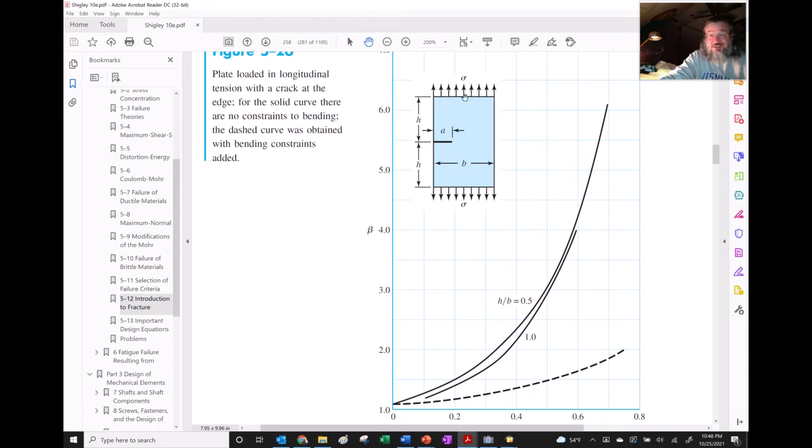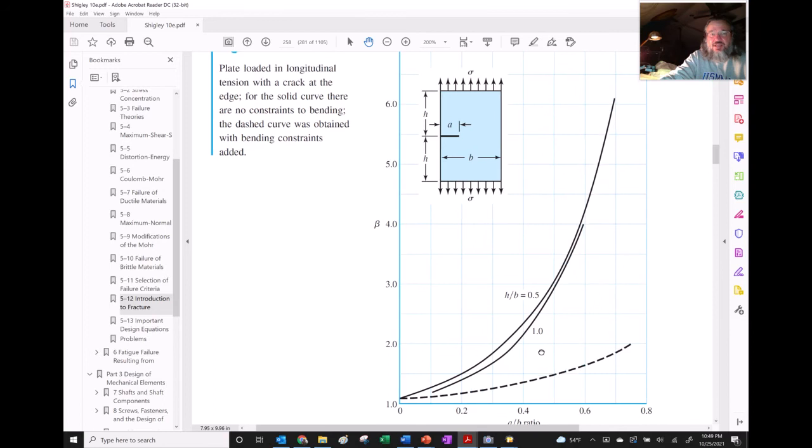Here we could stop it from bending, by the way that we apply the constraints onto the thing. So just bear that in mind. So what we end up using is the dashed line on the graph, I think, is what I ended up doing. And I'm wondering if I did that incorrectly.